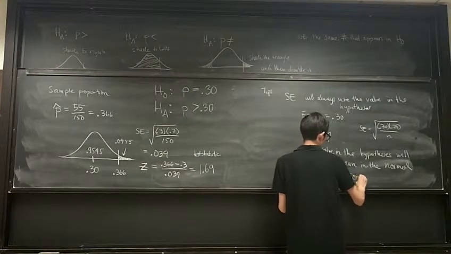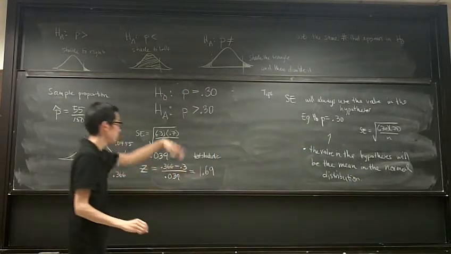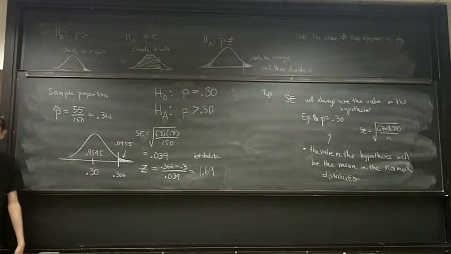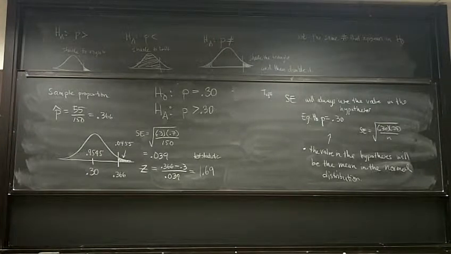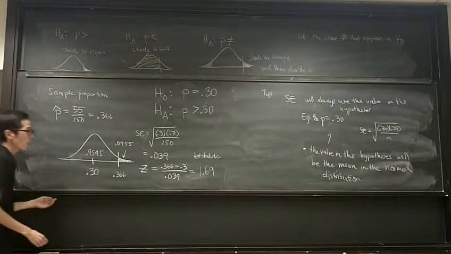But you didn't specify which hypothesis. Well, it's the same number in the null and alternative, so it doesn't matter. So that mean would be the one going in the middle. Yeah, 0.30 goes in the middle. Okay. Thank you.